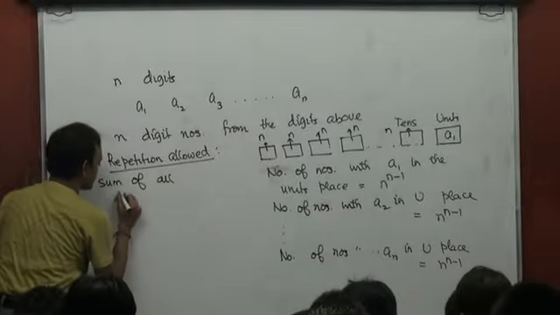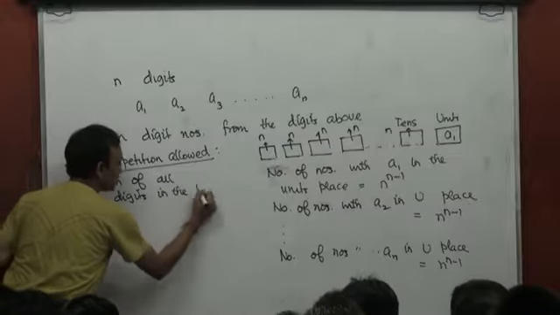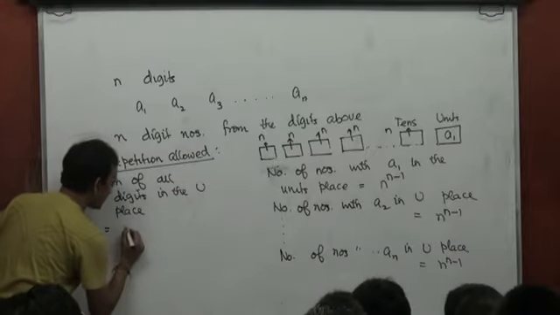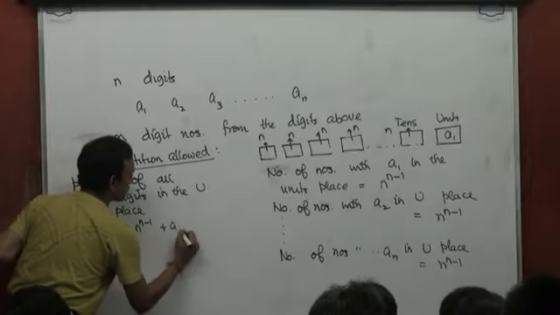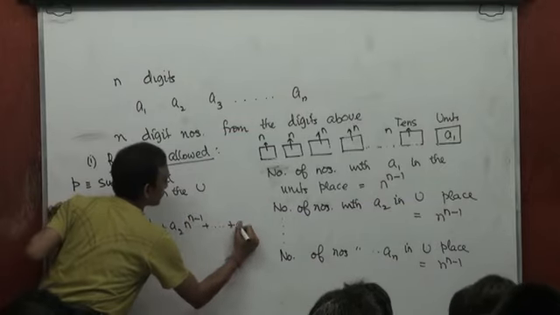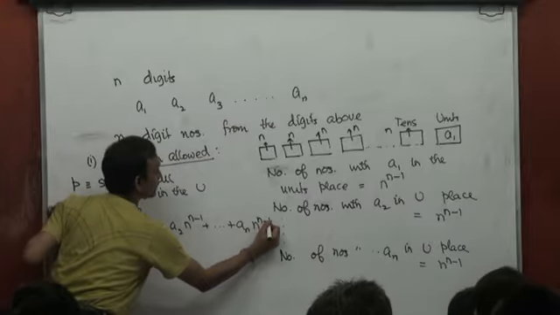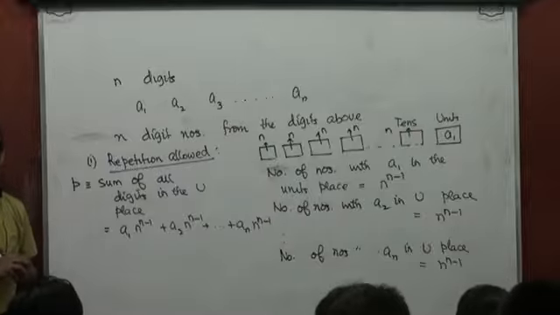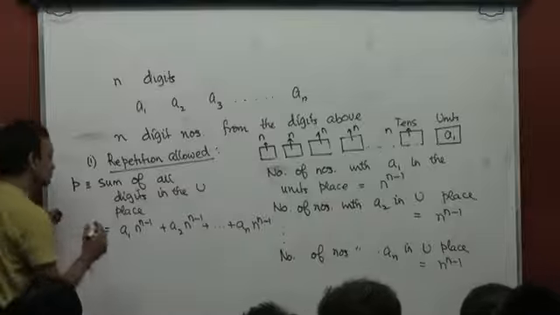So which means P is the sum of all digits in the units place, which is A1 into n to the power n minus 1, plus A2 into n to the power n minus 1, plus An into n to the power n minus 1. Are you confused? No?